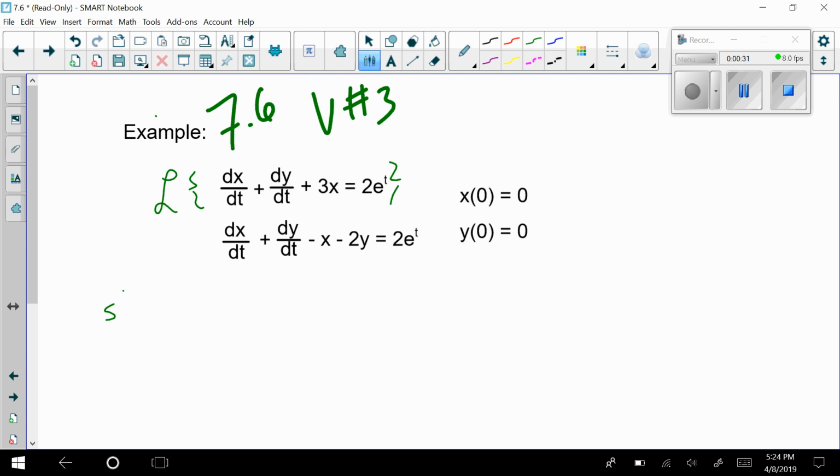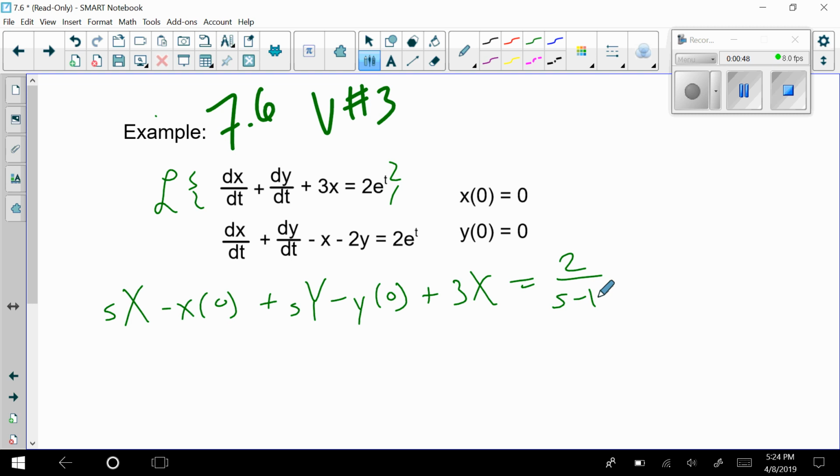So I have this as big X minus x of 0, plus s big Y minus y of 0, plus 3 big X, equals 2 over s minus 1.